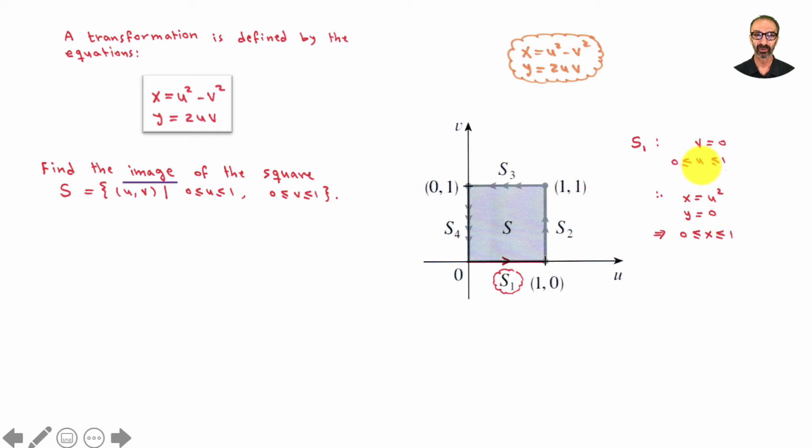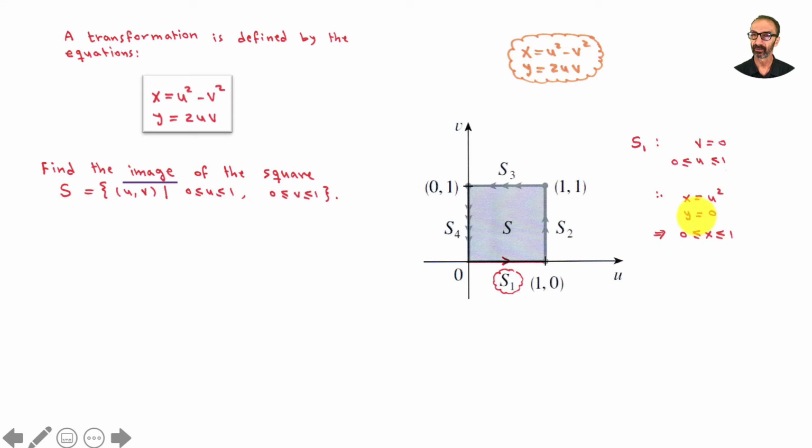But what happens to the u? U changes from 0 to 1. Well, if u changes from 0 to 1, x will change from 0 to 1, because x is written as u squared. X depends on u, but u changes from 0 to 1, so x changes from 0 to 1.